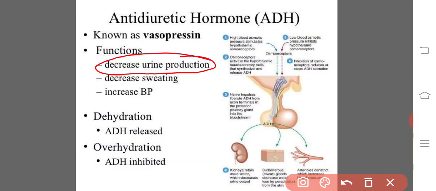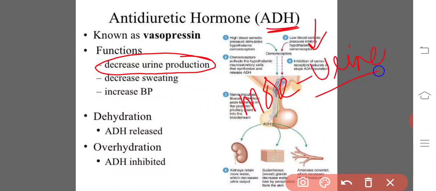Whenever ADH is less, due to the non-reabsorption of an appropriate amount of water, more and more water will be excreted out through the urine. Thereby the urine volume will be enhanced.